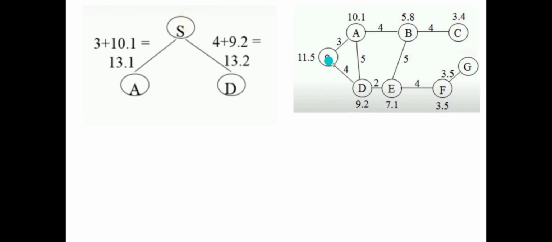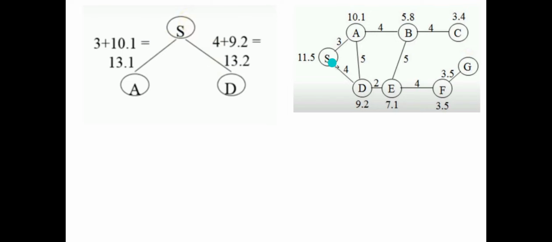From the node S, we can move either to node A or node D. With the formula f(n) = g(n) + h(n), we are calculating this cost.